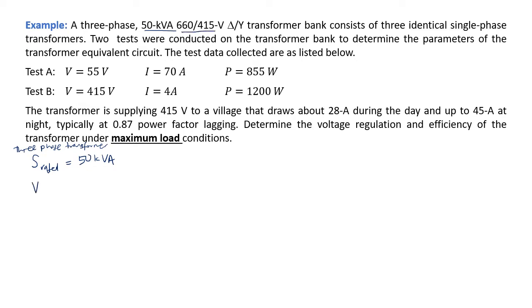So that means the primary line voltage, VP line rated, is 660 volts, and VS line rated, the secondary line voltage, is 415 volts, and it's a delta-Y connection. So delta-Y means delta connection on the primary side and Y connection on the secondary side.